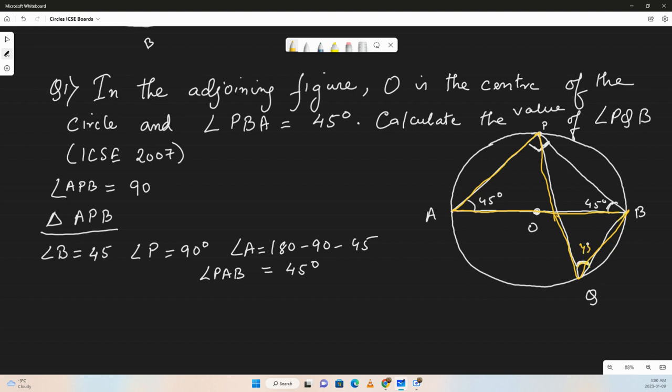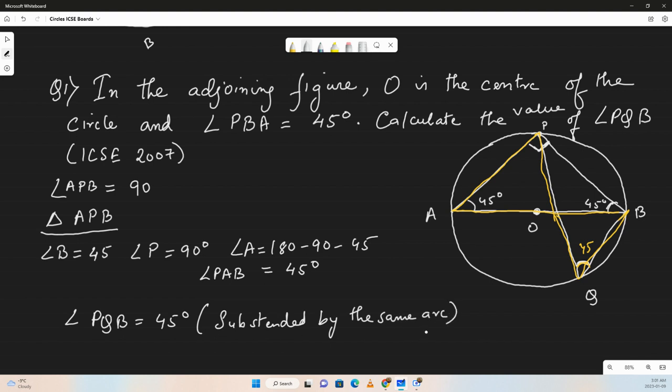So this angle PQB must also be 45 degrees, right? So angle PQB equals 45 degrees. And the reason is, subtended by the same arc, right?